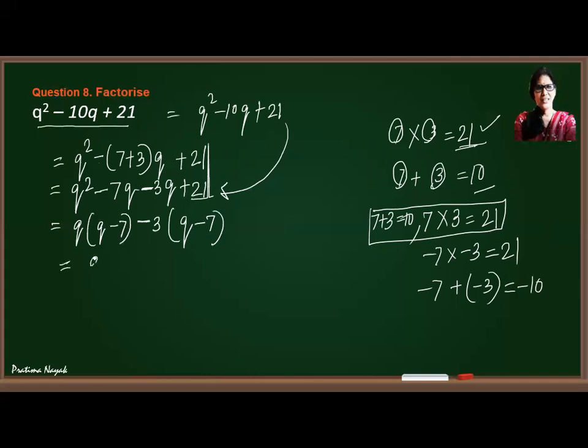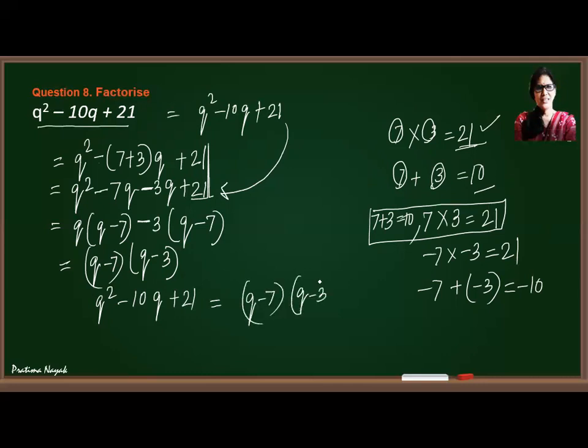So it will be q minus 7, taking common, q minus 3. So q square minus 10q plus 21 is equal to q minus 7 into q minus 3. For negative b, you are getting both the factors as negative.